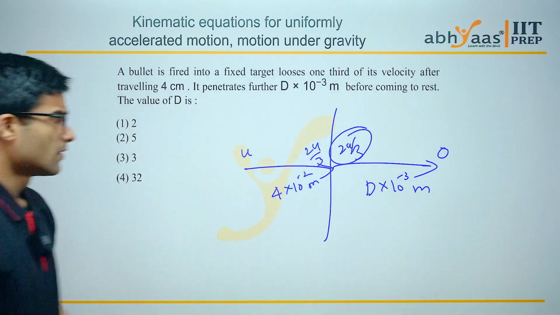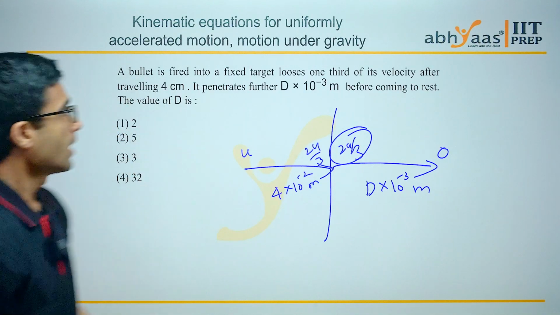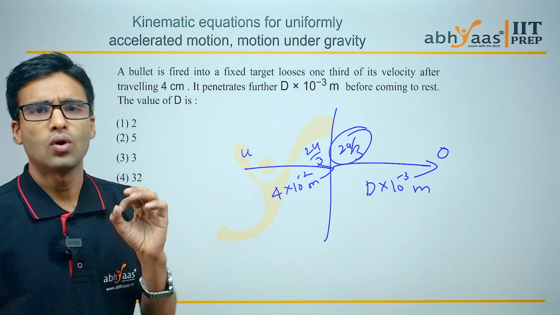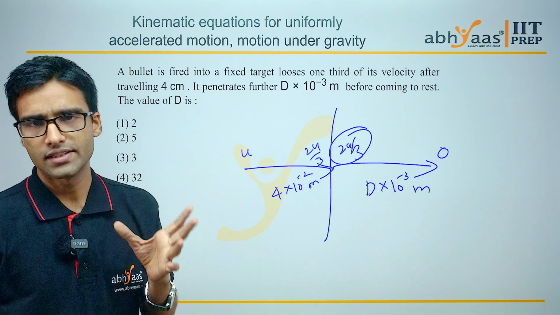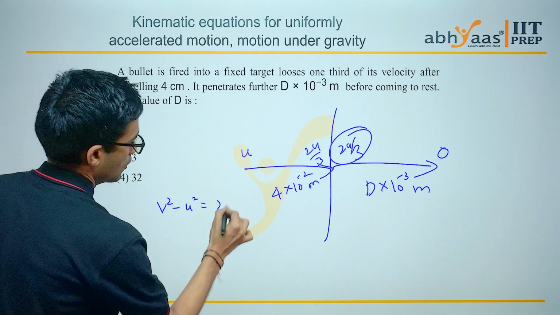Here u, initial velocity, final velocity, and s are given, and we don't know acceleration and time. So if you know v, u, s, what is the equation which is exactly suitable? That is v square minus u square equal to 2as.